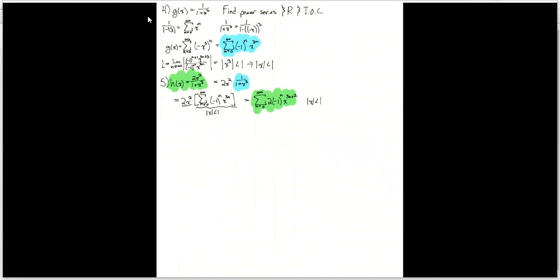So let's look at what happens if we take derivatives of these things, right? So let's say that we've got some function f of x, and this is equal to the sum from 0 to infinity of the coefficient Cn times x minus a to the n, so the power series centered around a.